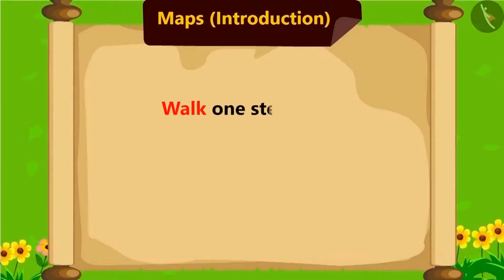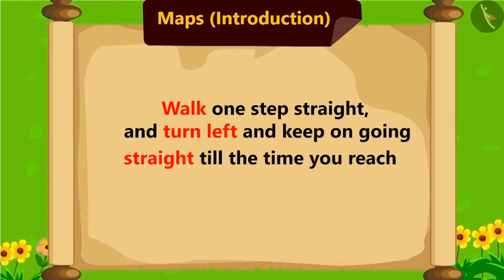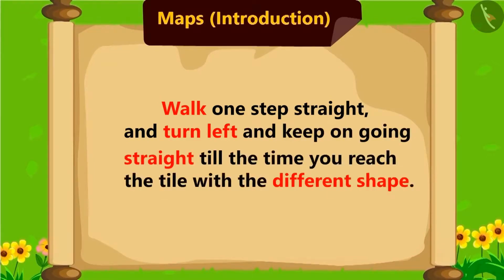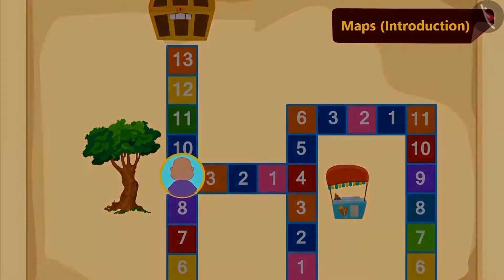Walk 1 step straight and turn left and keep on going straight till the time you reach the tile with a different shape.